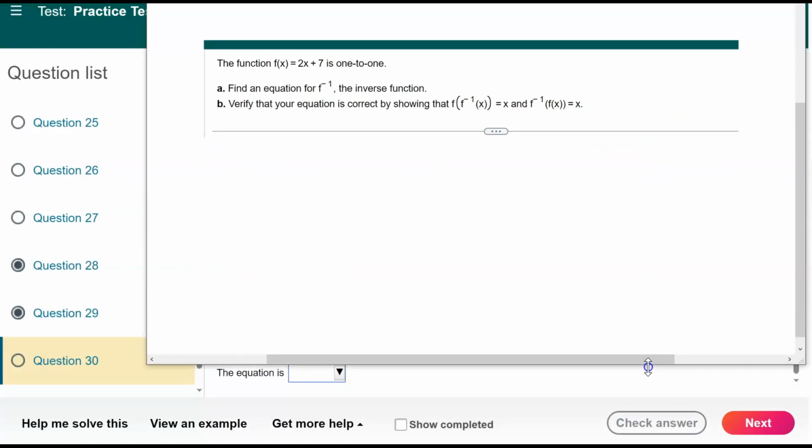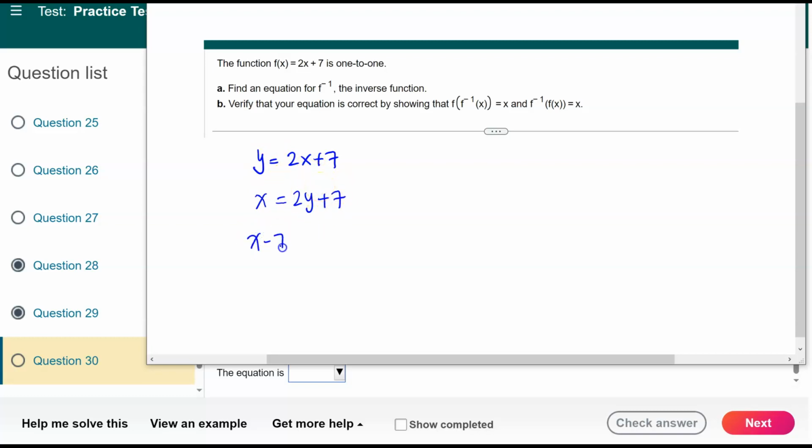There are 3 steps actually. The first step is to write f of x as y. So y is equal to 2x plus 7. Next is to replace x by y and y by x. So y becomes x, and the x here becomes y, giving x equals 2y plus 7. Then you solve for y.